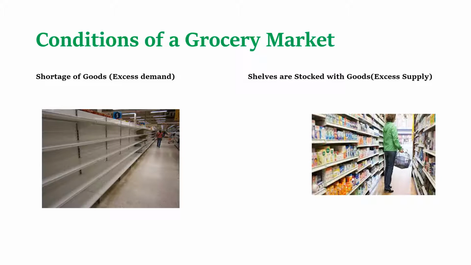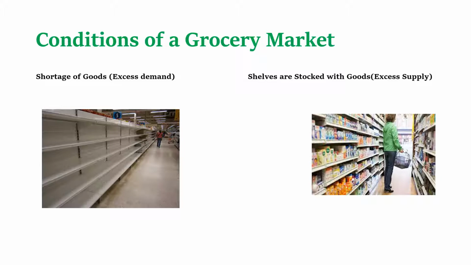But the supply is not there. In other words, people demand the goods more than the amount available. So there is excess demand in this particular country. And so what happened? This will force the prices to increase, right?